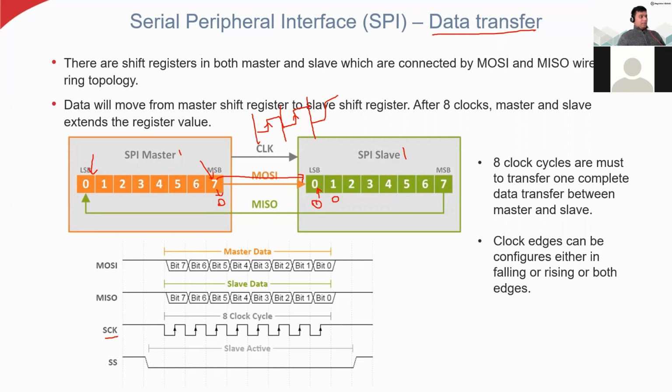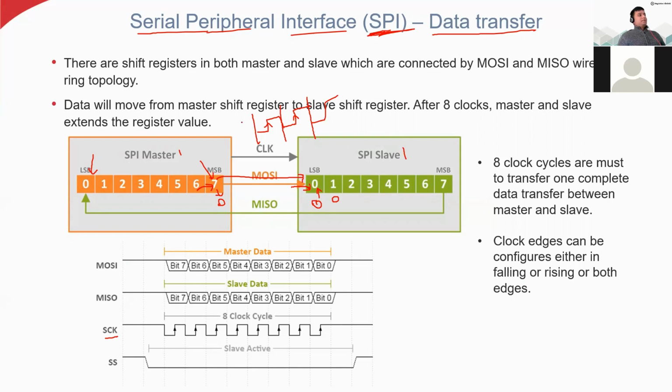Once this one is finished, whatever the data is here will be moved to this register, and this data will be moved to here. So this is a serial data transmission. The bits will be transferred one by one, bit by bit, serially. Not all the bits are transferred in parallel. Because this is the serial peripheral interface, SPI helps only with serial data communication.